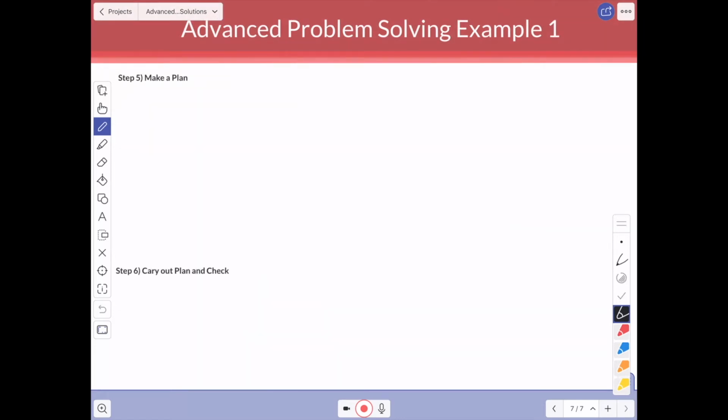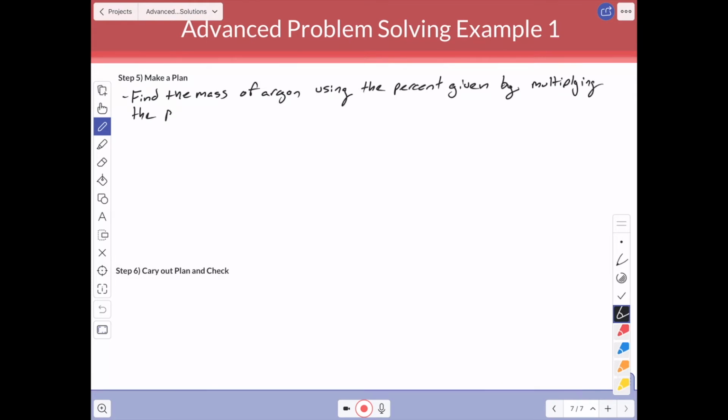So that's going to be our first step. Find the mass of argon using the percent given by multiplying the percent by the tank's total mass.